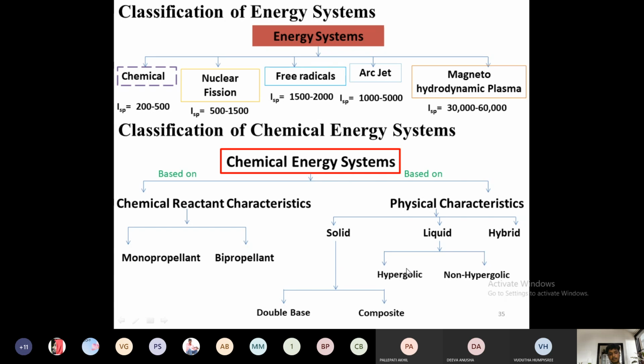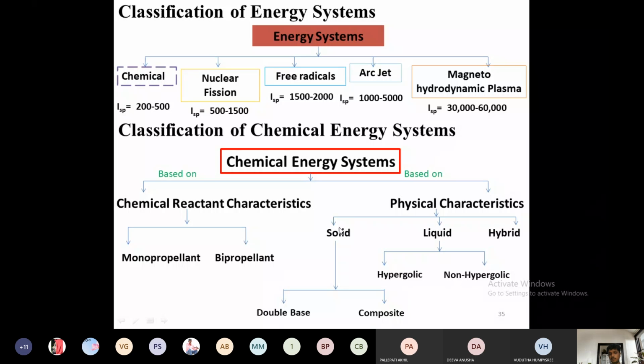And next one is the hybrid propellants. These are usually a mixture of solid fuel and a liquid oxidizer. In liquid propellants, the oxidizer will be in liquid form and at the same time the fuel will be in liquid form, whereas in hybrid propellant the oxidizer will be in liquid form, whereas the fuel will be in solid form. In the burning of solid propellant, the air, a gas, will act as an oxidizer.